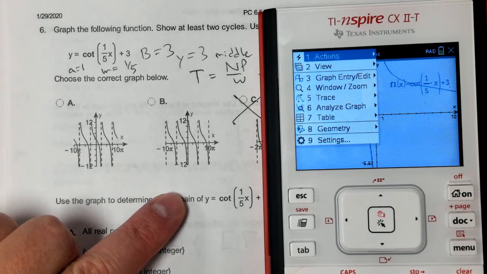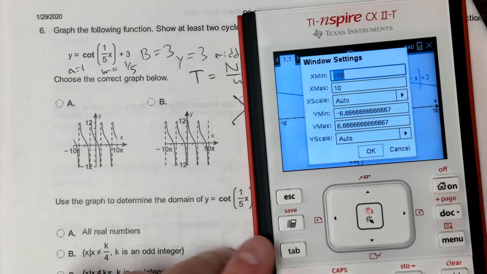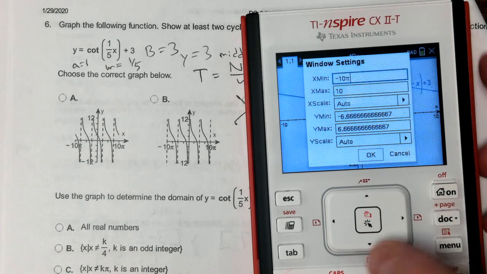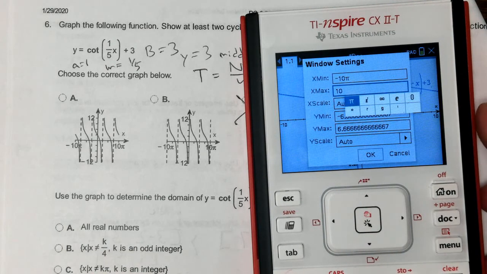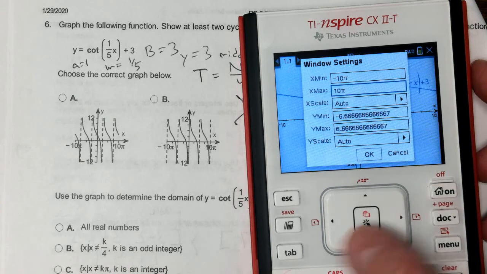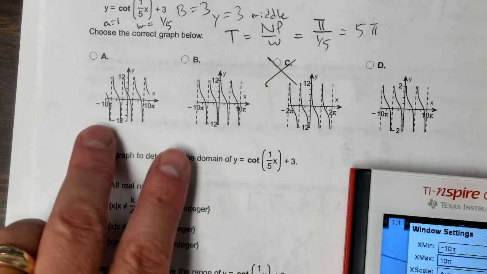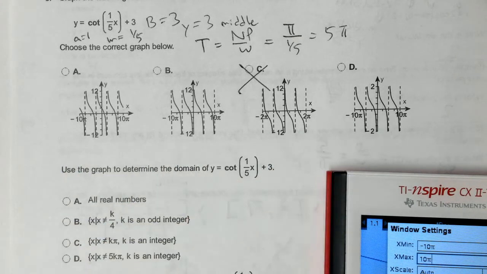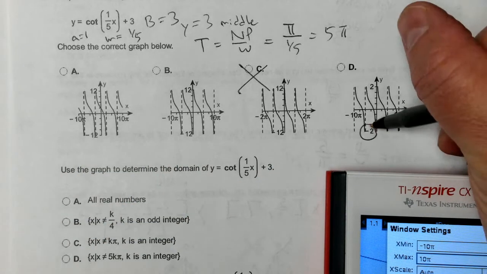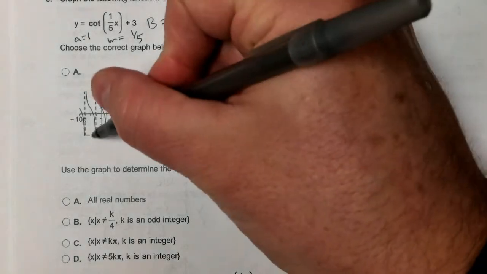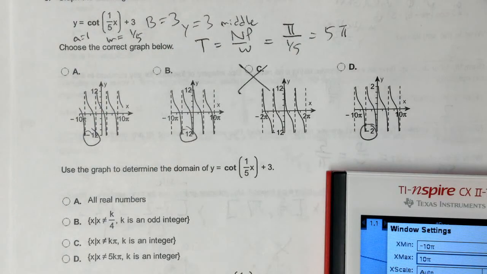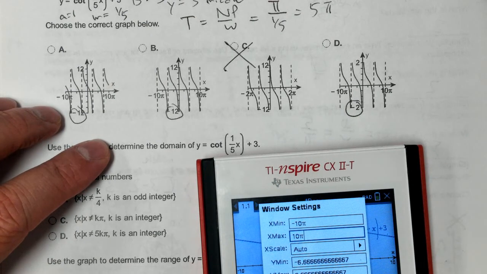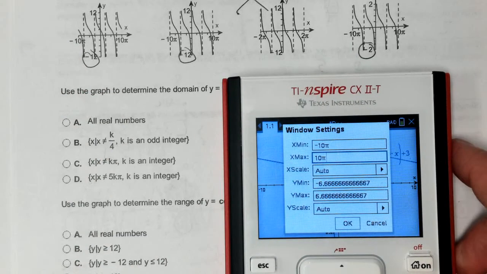Let's go to our settings on our window from negative 10 pi to 10 pi. And a couple of these go from negative 12 to 12, but then this one goes negative 2 instead of negative 12. I'm going to go from negative 12 to 12, and then if I have to adjust it, I will.